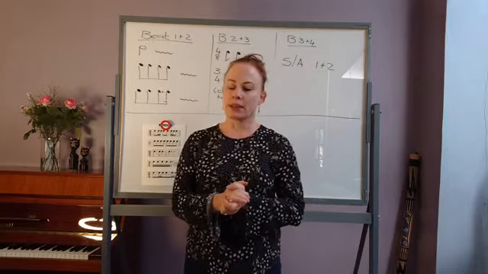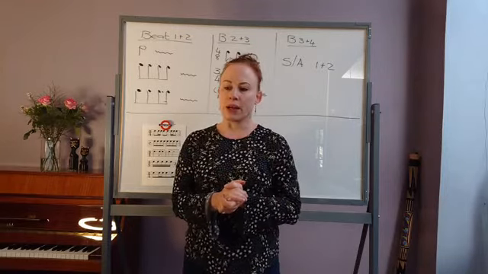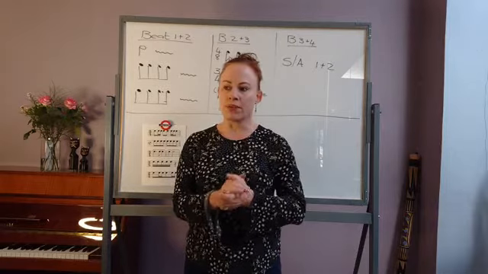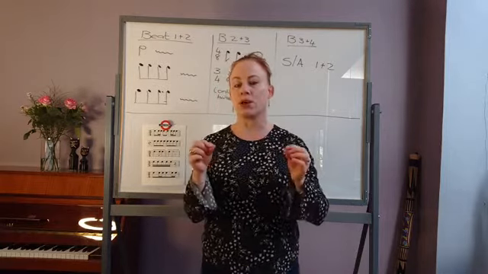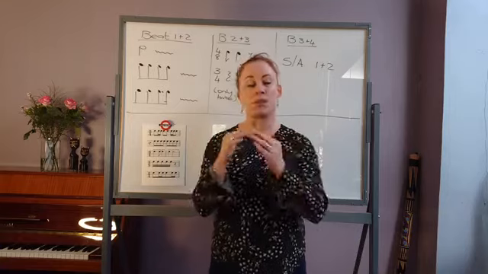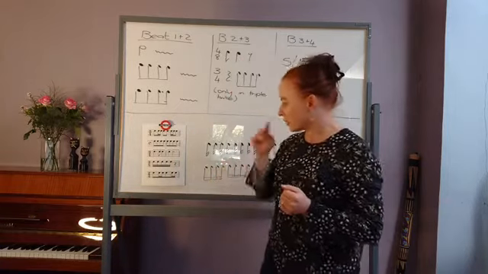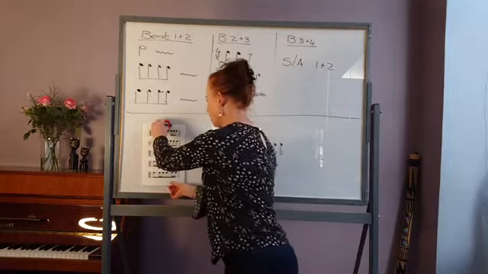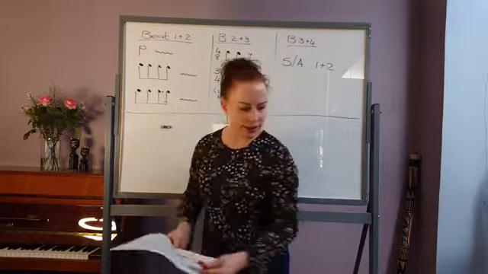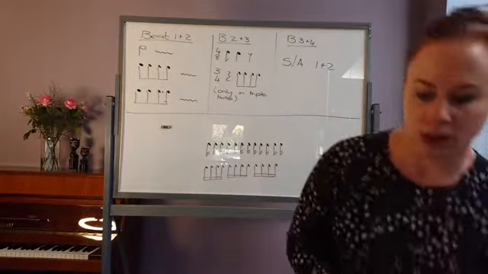Okay, and then if you have three beats that consist of a long note value, like for example, I just need to get the next one here for you guys.